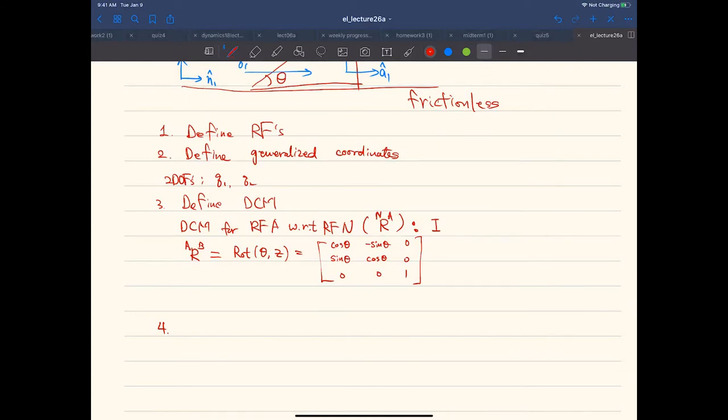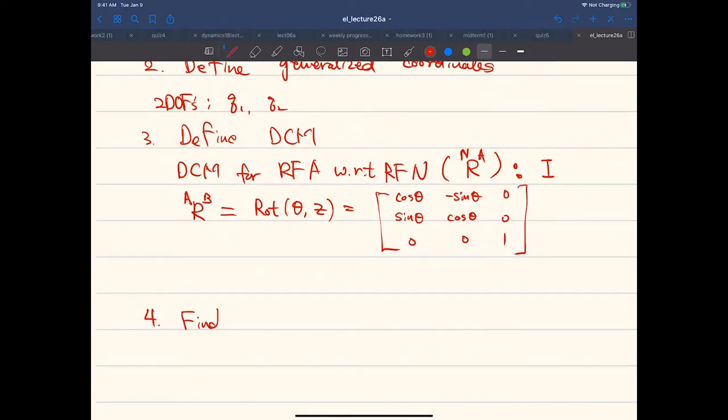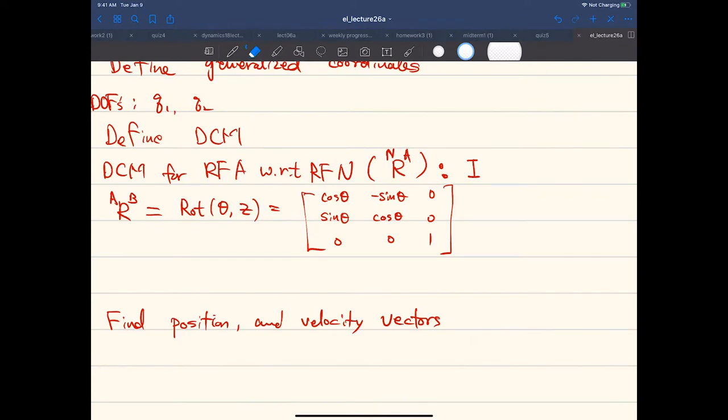We have to find the position vector and velocity vectors, especially of the center of mass of reference frame A and B.